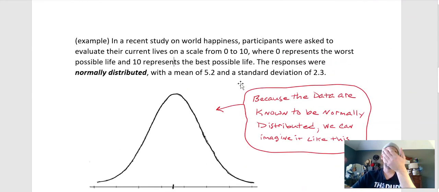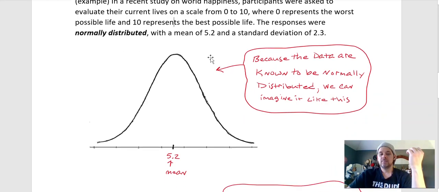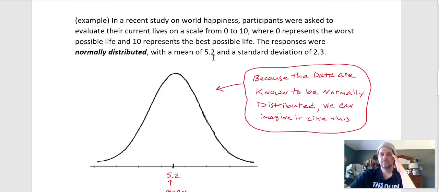So that's kind of a neat thing, I would think. There's this study where people rank their happiness on a scale from 0 to 10. Looks like on average, maybe their response was like 5 out of 10 for their happiness. But I might wonder, how many people ranked their lives from 9 to 10?